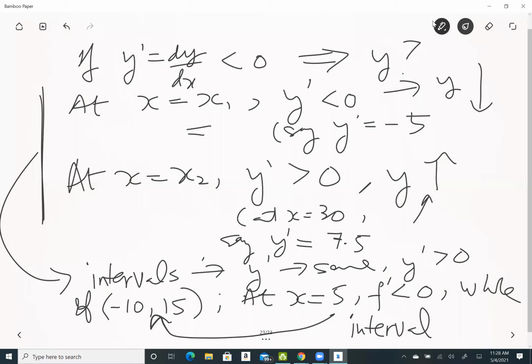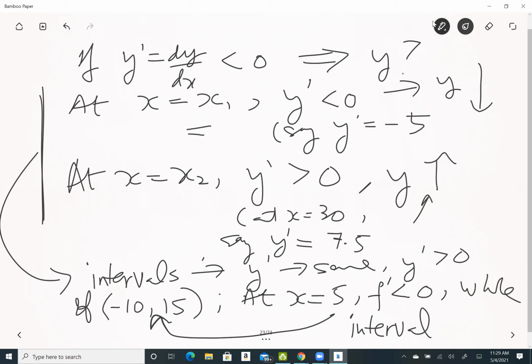If you know one value at one point in the interval is negative, then the derivative for any point in that same interval will also be negative. It can work the other way around too, and that one is easy. If in the interval you know the derivative is negative, that means at any point it will be negative. The other way around is very straightforward.